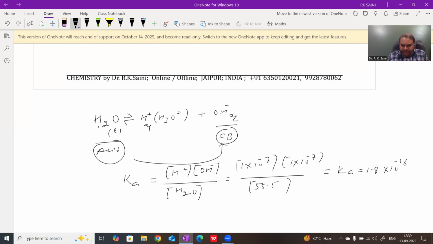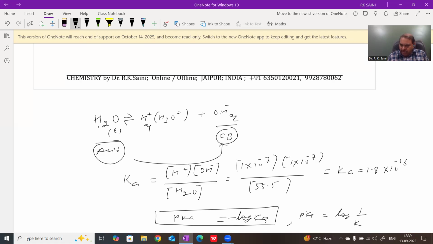Taking negative log of Ka, we denote it by pKa. It means pKa is inversely proportional to Ka. A high value of Ka means the concentration of H plus ion is more, or ionic species is more than their undissociated form.